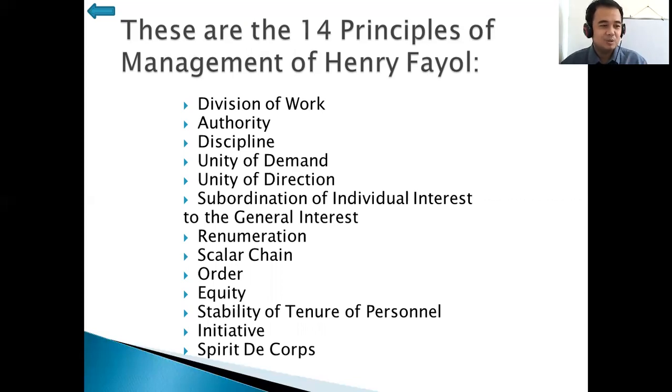You need to divide the work equally so that there will be a smooth flowing of activities. And authority is also very important.